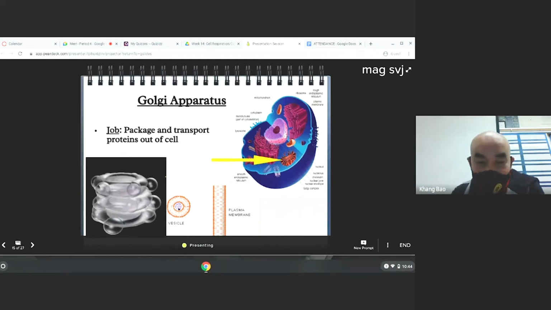These little blue dots would be protein, and this vesicle will attach to the plasma membrane. You gotta remember the plasma membrane means cell membrane. They will attach to it and they will release the protein out of the cell. So that way that protein can go to wherever the body needs. And this is the job of the Golgi apparatus. It's like FedEx, right? FedEx, package and transport.